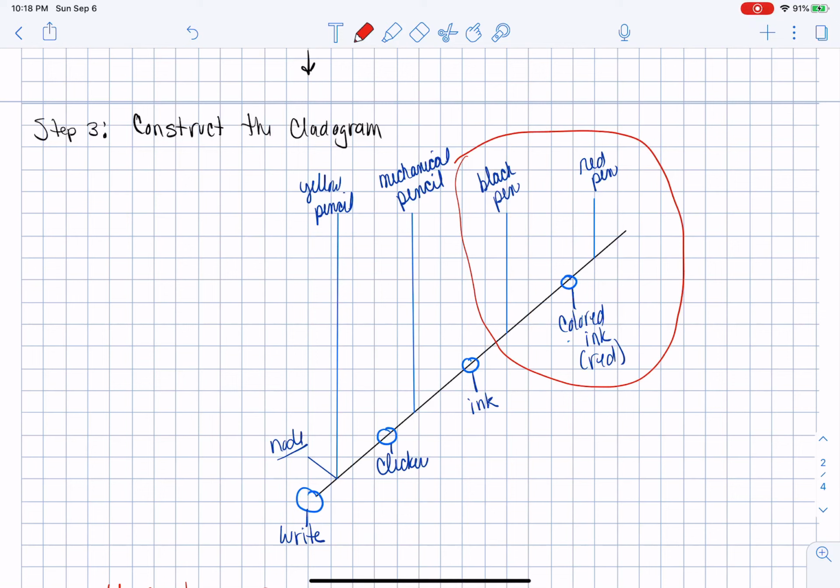So a clade is a group of organisms that includes a common ancestor that has all of the traits. And here would be the node with the common ancestor.